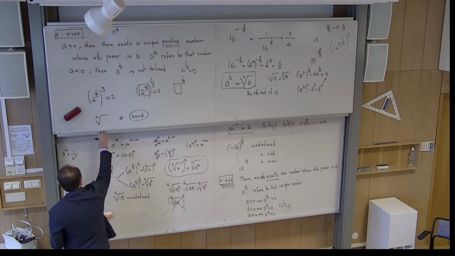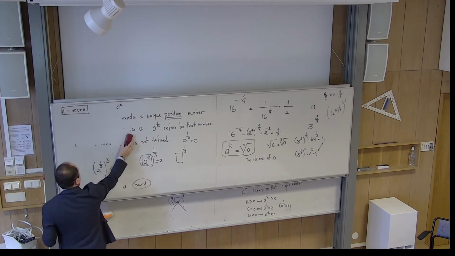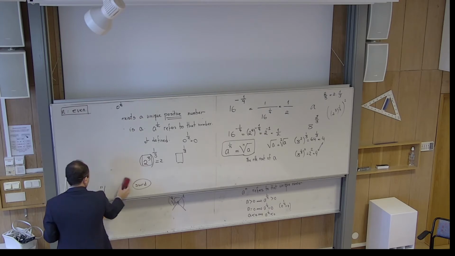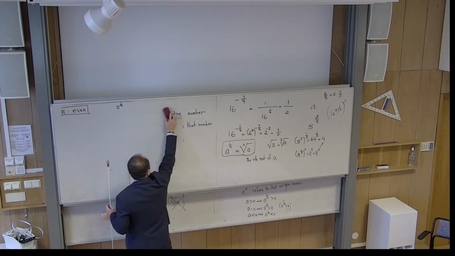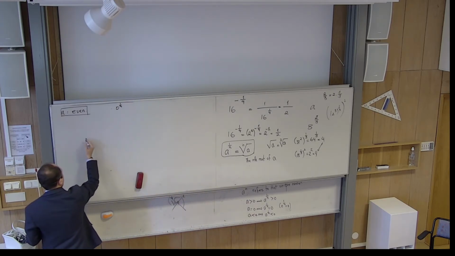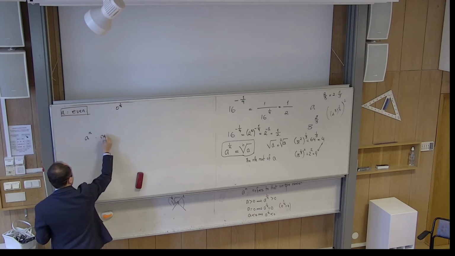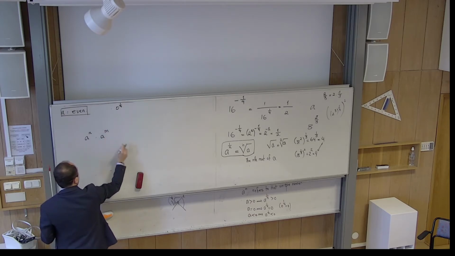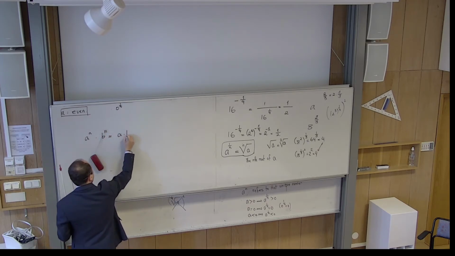Okay, another type of formula that I want you to remember somehow, or at least be familiar with. For example, we learned that a to the power n multiplied by b to the power n becomes a times b to the power n.